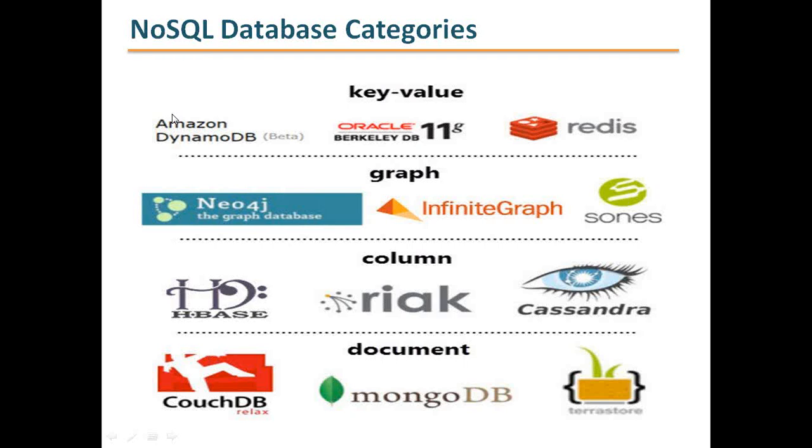Among graph databases, Neo4j is very popular. Column-oriented HBase and Cassandra are popular. And among document-oriented databases, MongoDB is getting very popular.